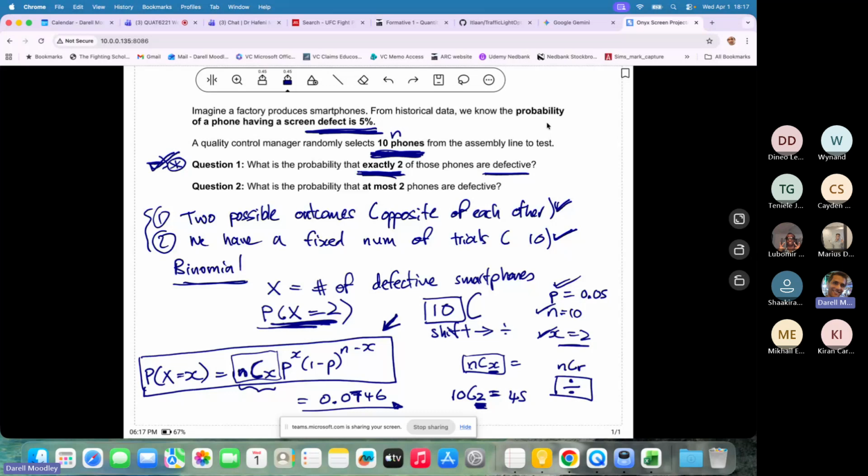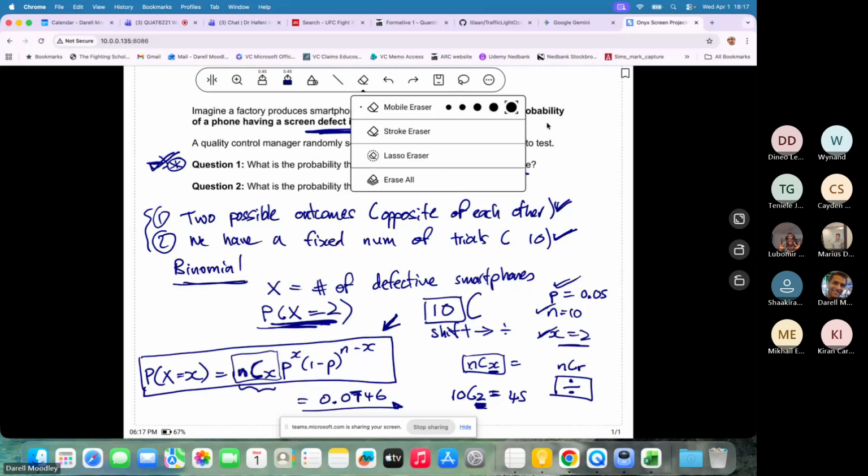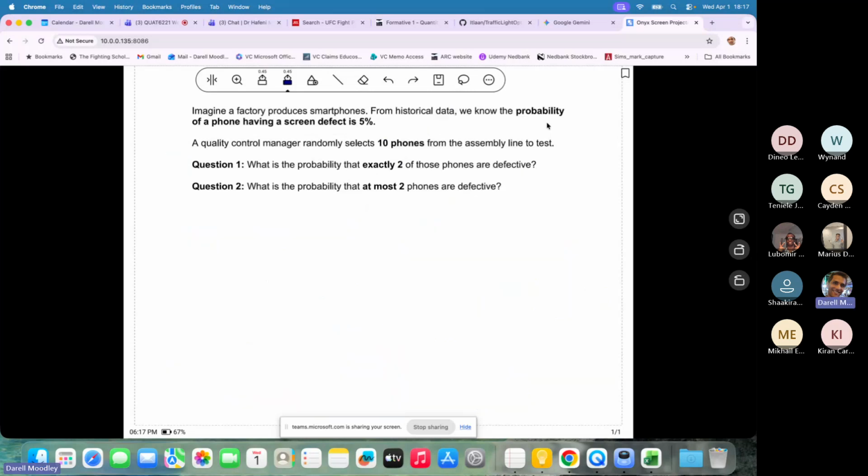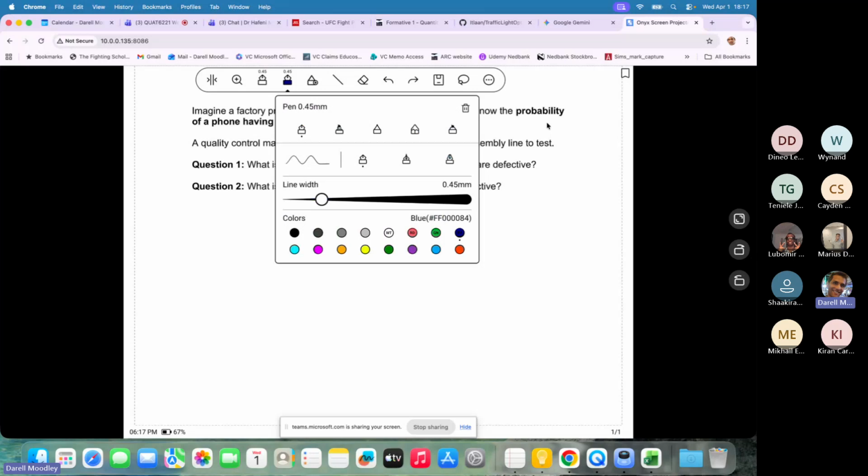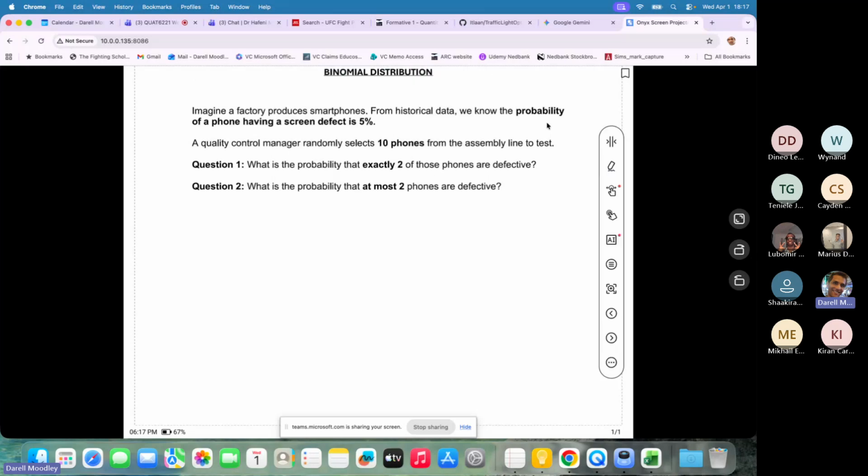I'm just going to clear the board. I'm going to write the equation again because we're going to be using this equation a lot.